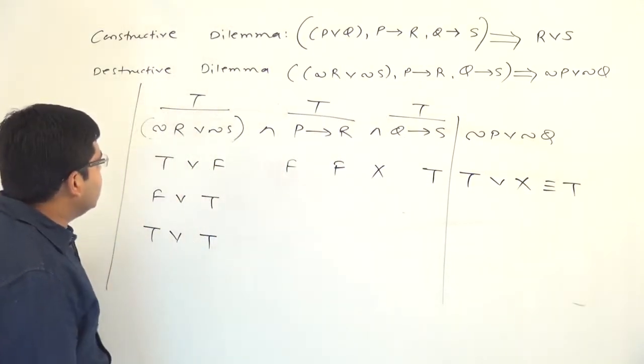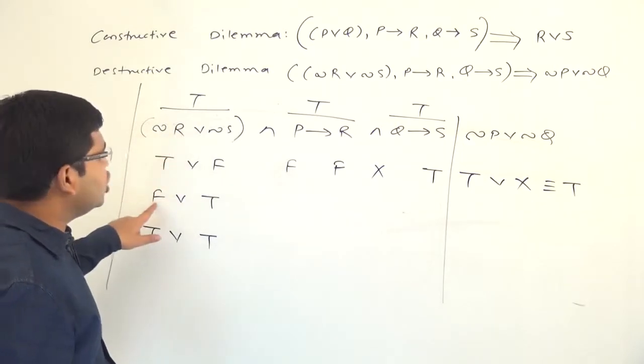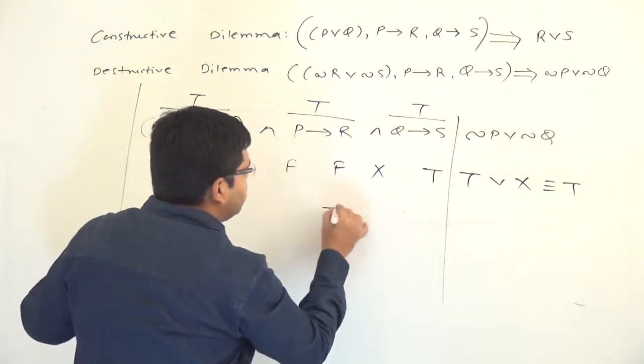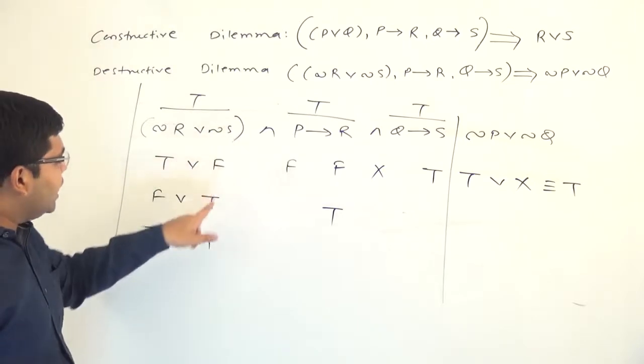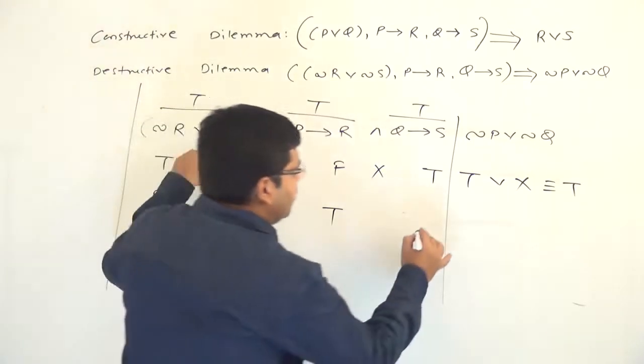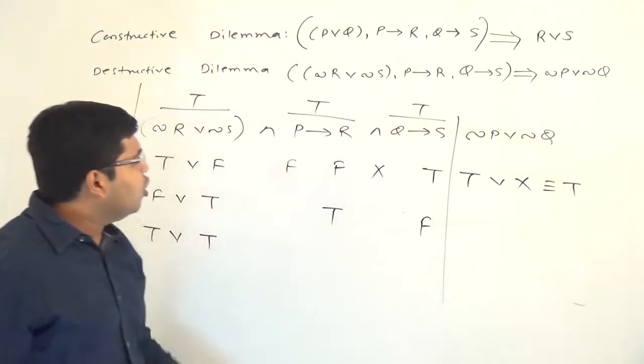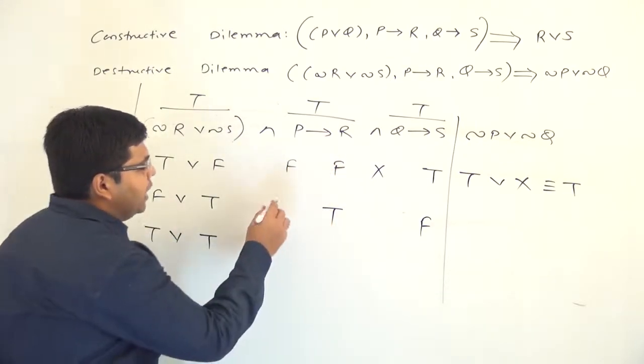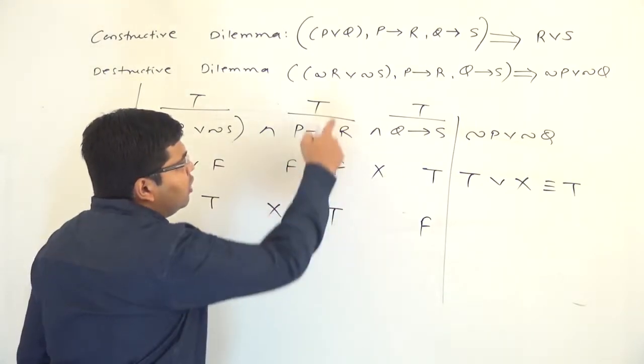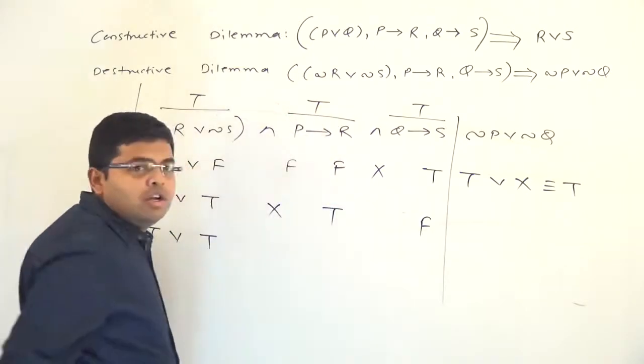Now let us consider the next case. Negation R is false, therefore R must be true. Negation S is true, therefore S must be false. Now when R is true, P can be anything, because true implies true will be true, and false implies true will also be true.